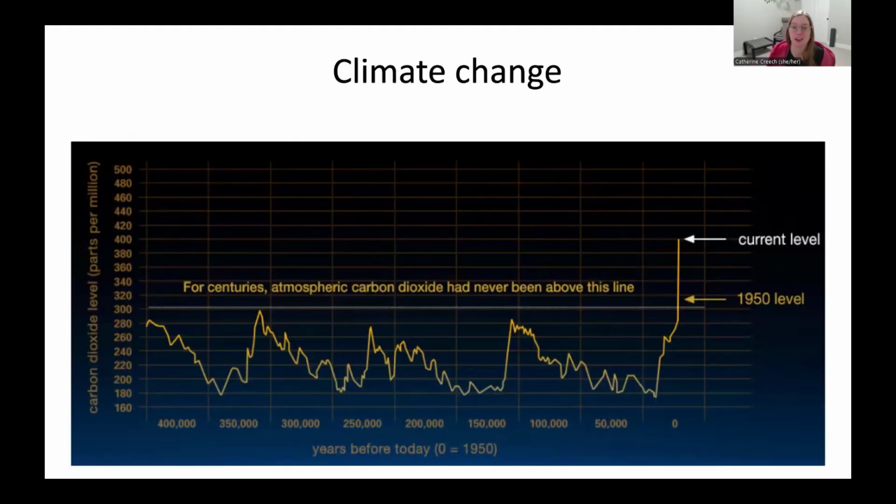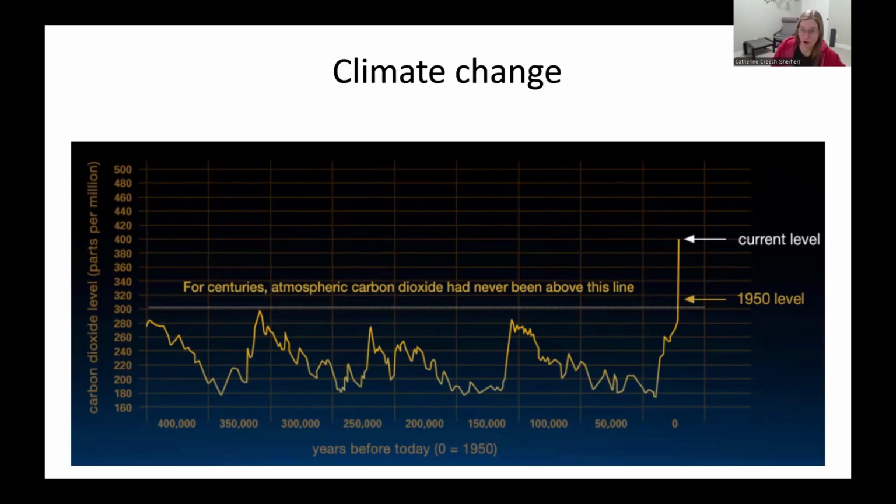Our next cause of loss of biodiversity is climate change. We're going to get into this in more detail later in the term, but just as an overview, we have here on our y-axis carbon dioxide level in parts per million, and on our x-axis years before today.